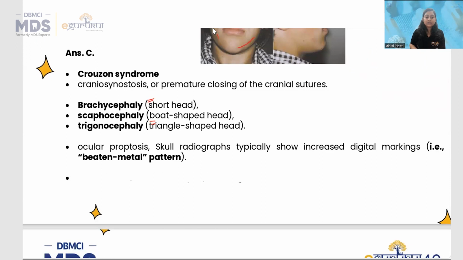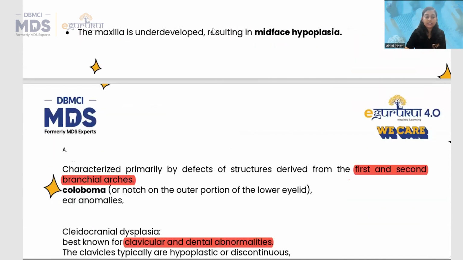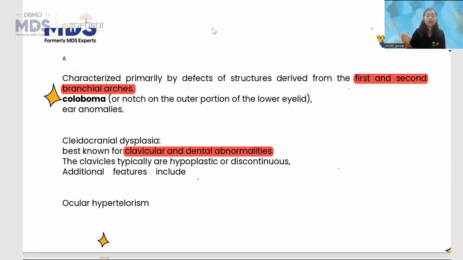Here the maxilla is underdeveloped, leading to mid-face hypoplasia. Now, which is the other name of Treacher-Collins syndrome? Treacher-Collins syndrome, it is also called mandibulofacial dysostosis. Now, see, if you tend to forget which arch Treacher-Collins syndrome forms from, just remember its other name, mandibulofacial dysostosis. So which mandible is formed from which arch?